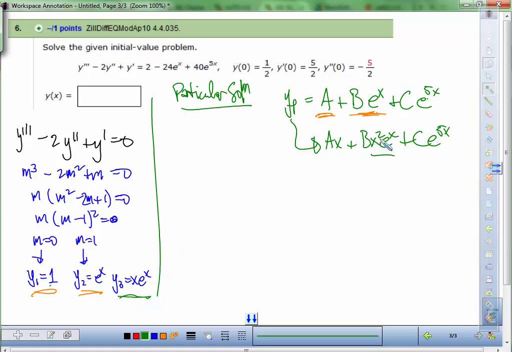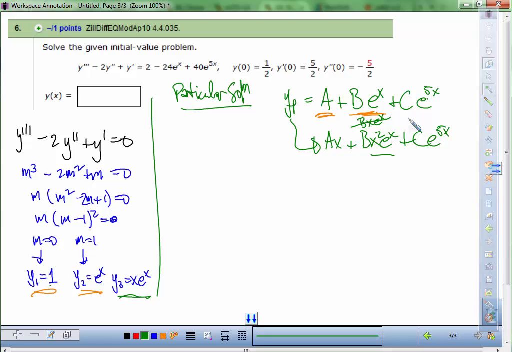So I'm going to put another. So there was an intermediate step here, b x e to the x. But that's not going to work because my y3 is x e to the x. Those two functions are linearly dependent, and you're not going to want that. So this is your yp. And with this, you're going to try to solve for a, b, and c.